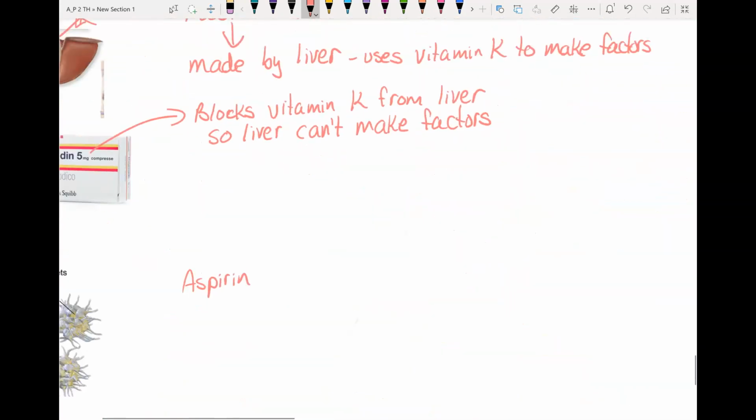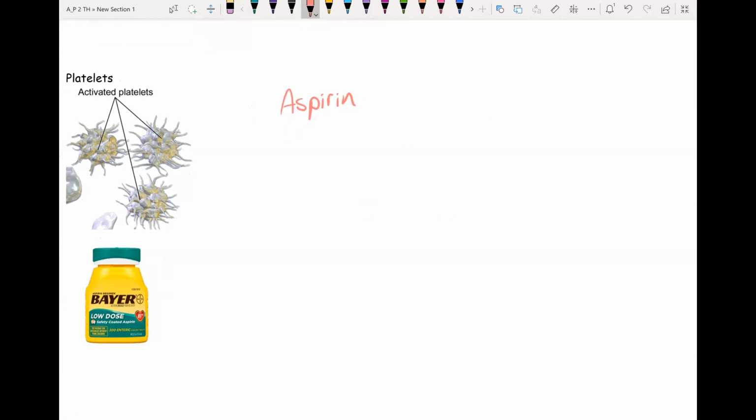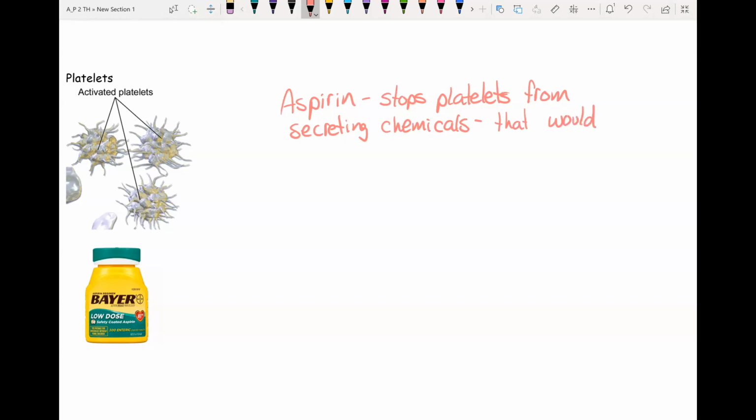Aspirin acts on platelets, and it stops the platelets from activating the first factor. It stops platelets from secreting chemicals. And these chemicals, what they normally do is attract more platelets, so platelets stick to each other once they're active, and they activate the factor. So it stops the platelets from secreting chemicals that would cause the platelets to stick together and activate the factors.